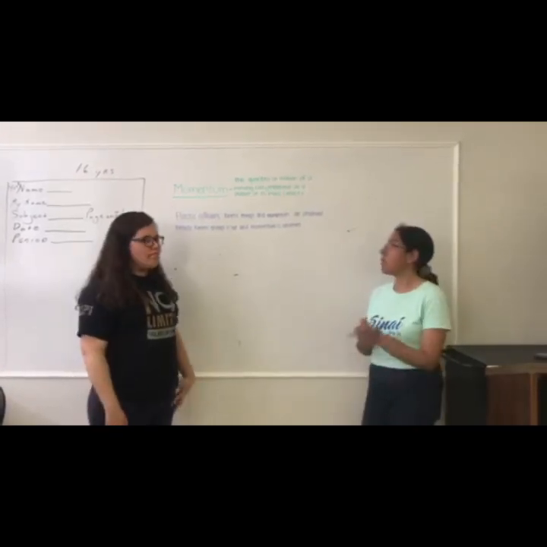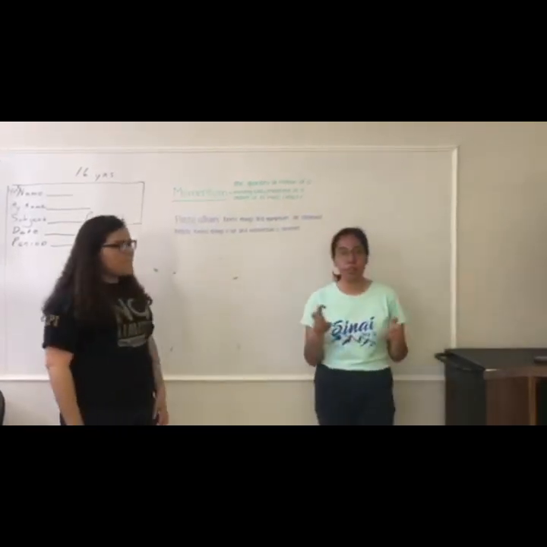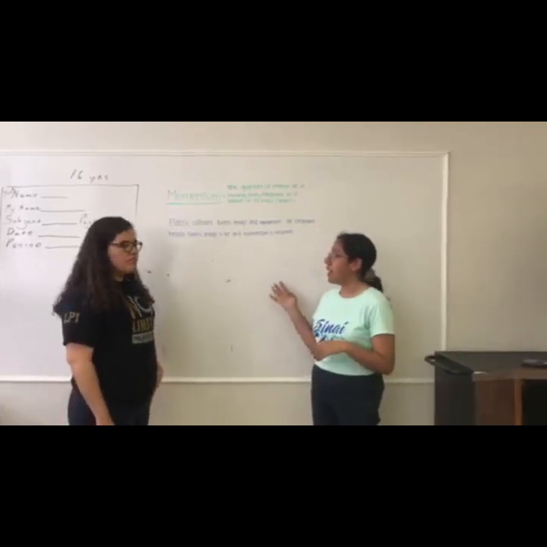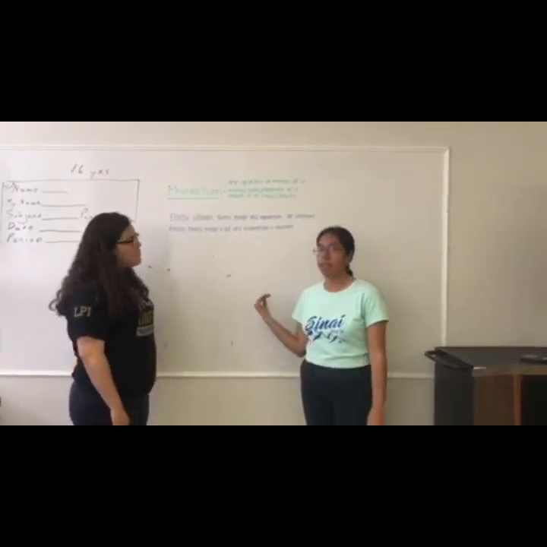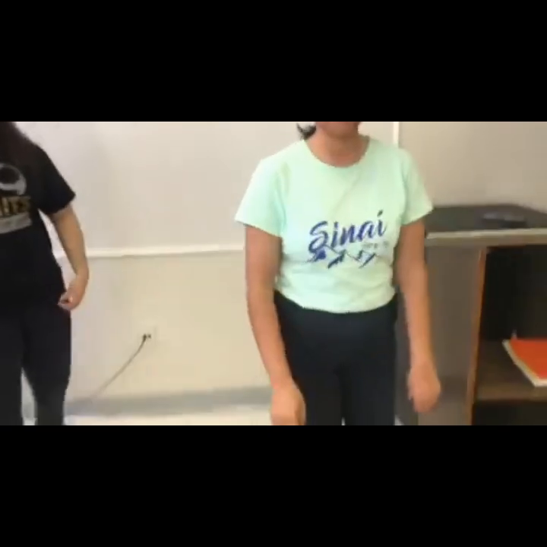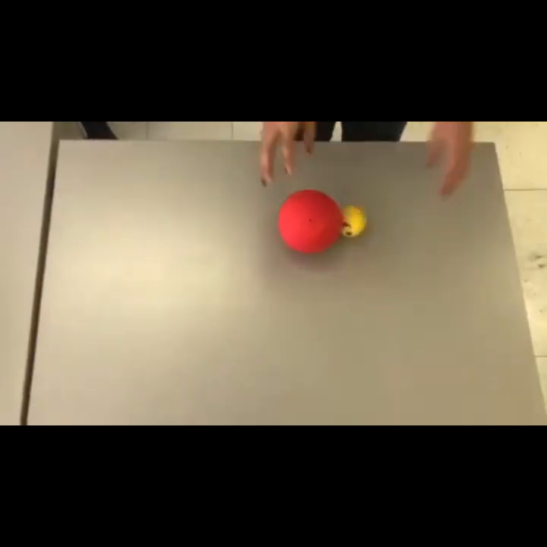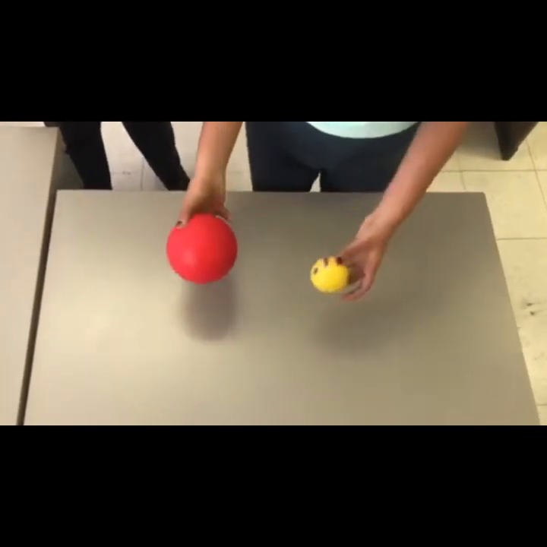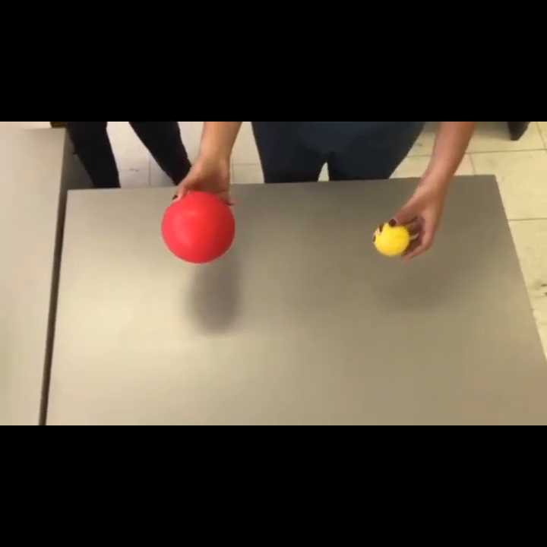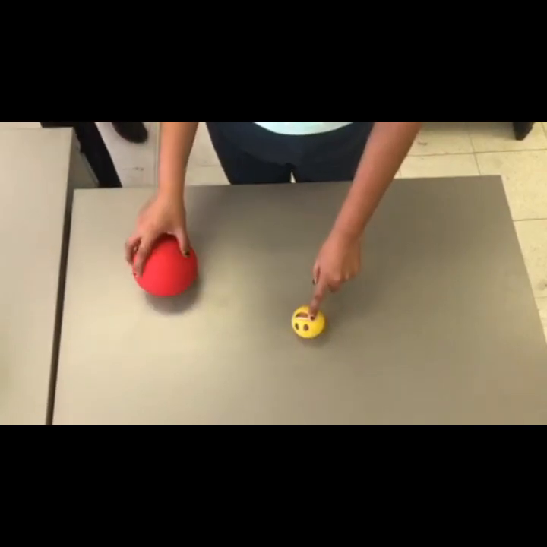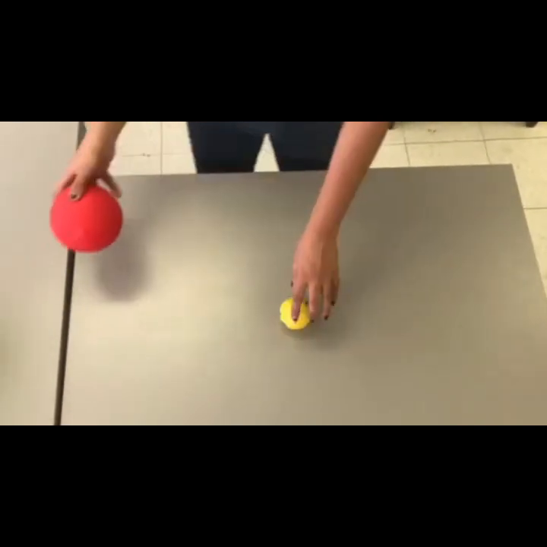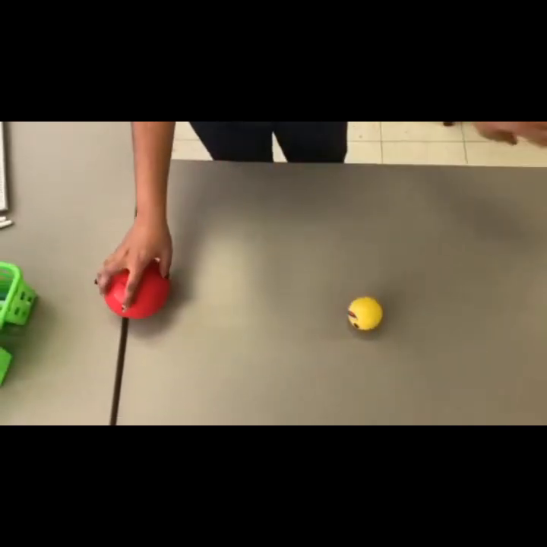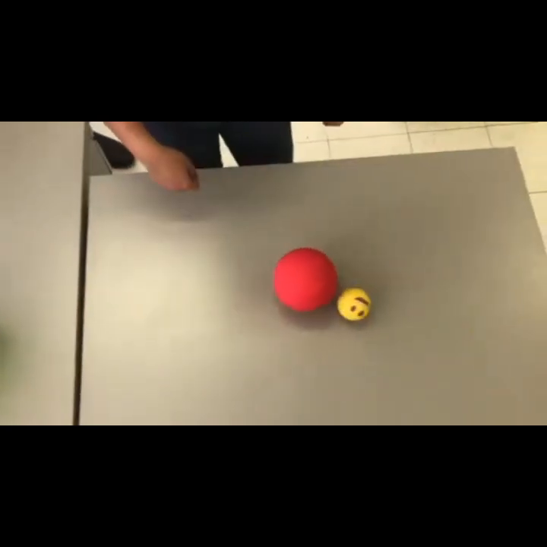For this, we're going to have a little experiment to explain elastic and inelastic collisions a bit more. So we have two balls with different masses, and the first is the elastic collision. The first ball is stationary, and the next one collides with it.